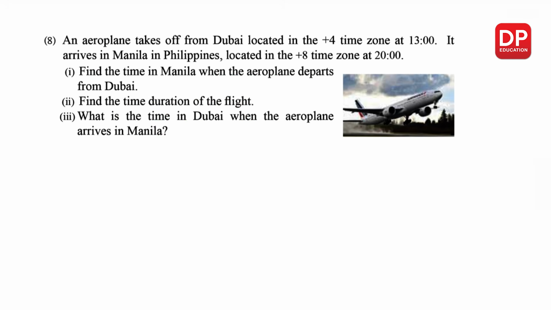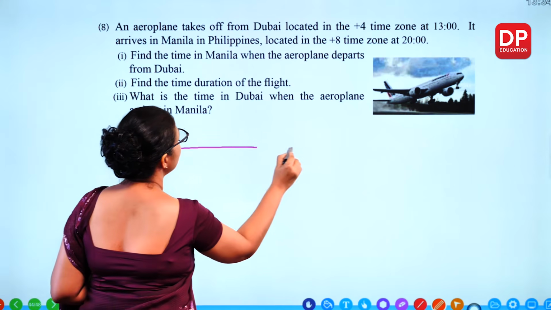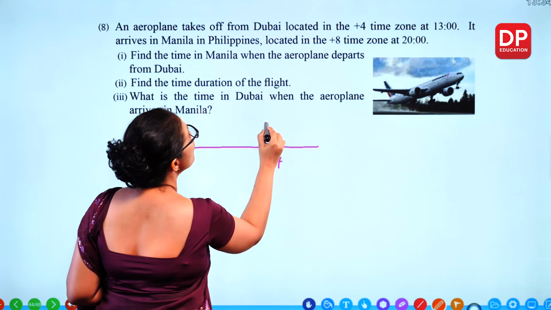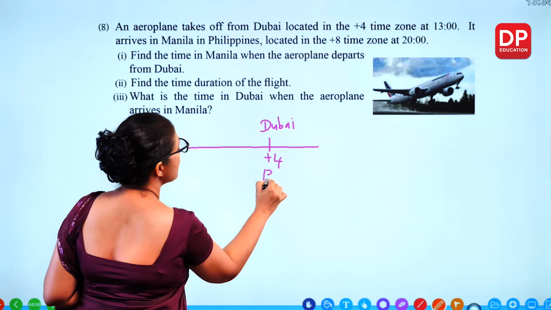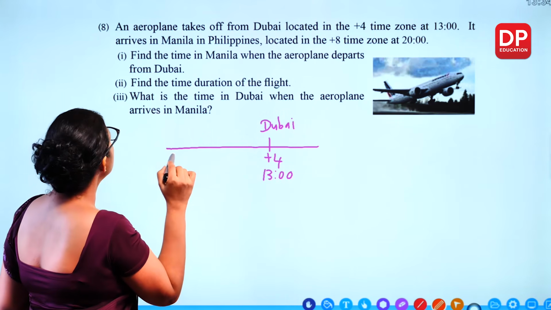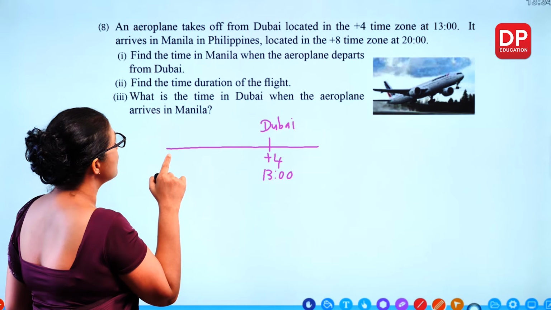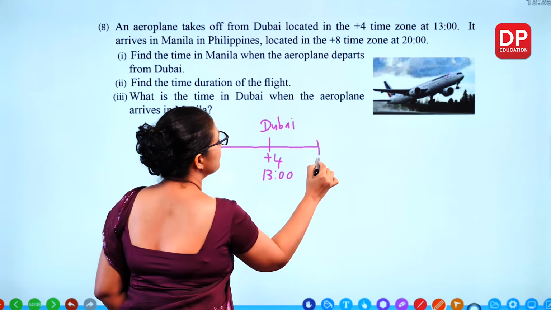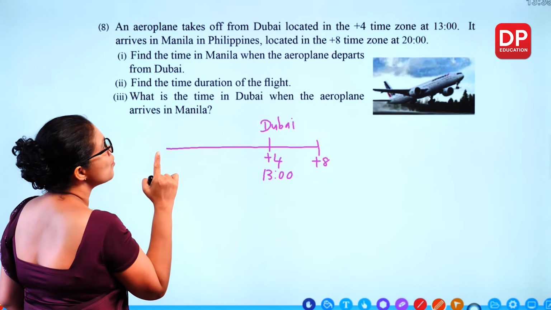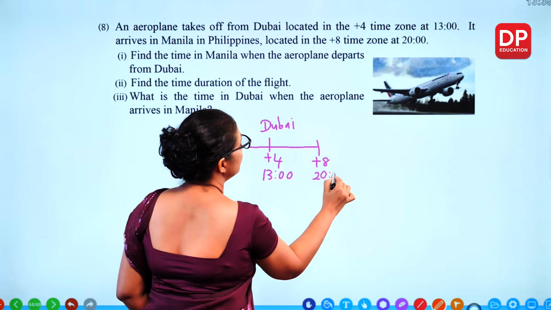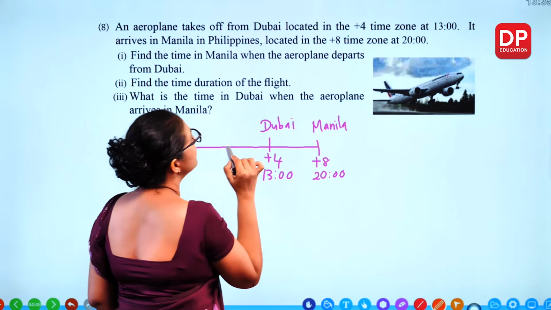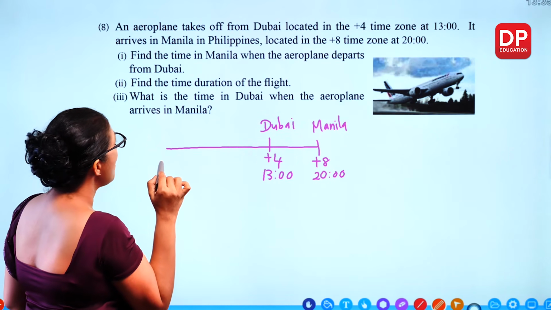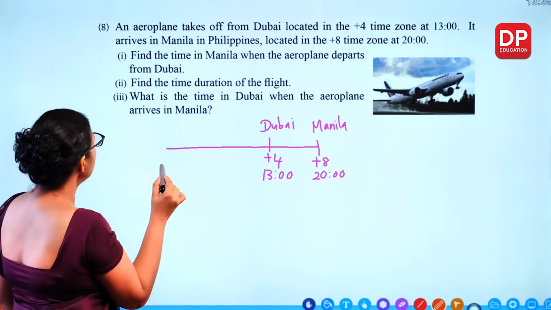Question number 8. An aeroplane takes off from Dubai, located in the +4 time zone, at 13 hours. It arrives in Manila in Philippines, located in the +8 time zone at 20. That's Manila. Find the time in Manila when the aeroplane departs from Dubai.